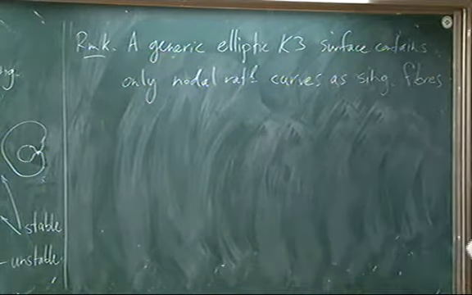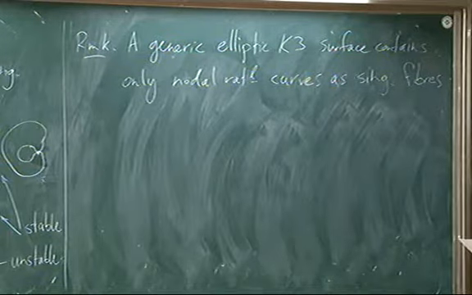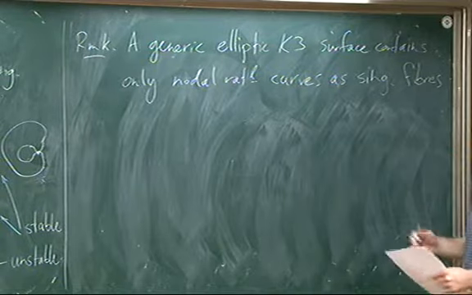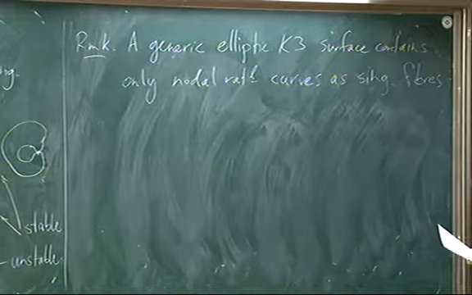So generically here means you have a 20-dimensional moduli space of K3 surfaces, and there's a codimension 1 family of those, which are elliptic K3 surfaces. And if you take a generic elliptic K3 in that 19-dimensional family, then we'll have 24 nodal rational curves as singular fibers.